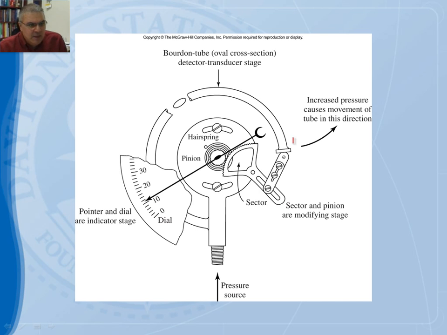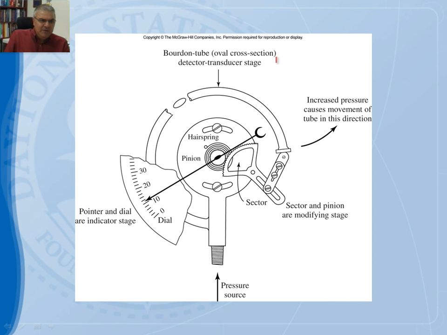So as the pressure increases, this dial starts to move clockwise, measuring the pressure and showing the increase in the pressure.